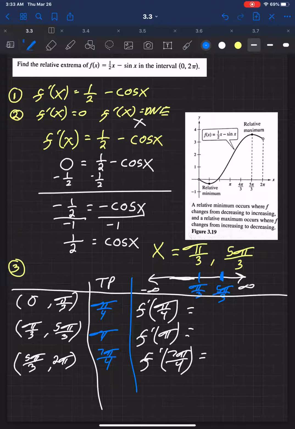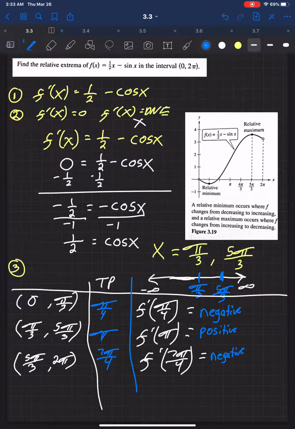If you plug that into your derivative, what do you get? You should get out a negative number. And if you plug pi into your derivative, you should get out a positive number. And finally, if you plug in 7 pi over 4 into your derivative, again, you're going to see a negative number.